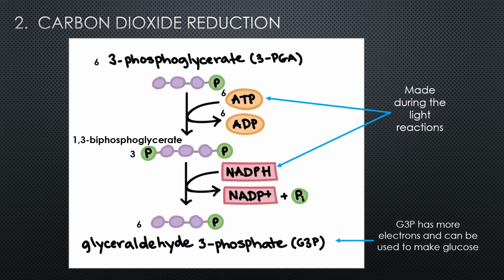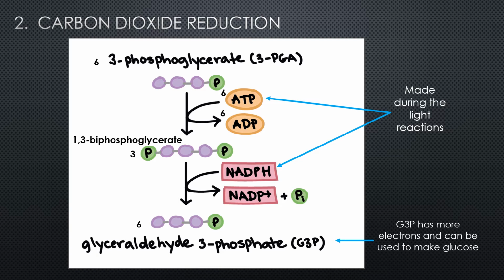Okay, so our second step in the Calvin cycle is carbon dioxide reduction. So remember, in the first step we took that carbon dioxide and fixed it, meaning that we attached it to other carbons. So I guess technically this could be just a carbon reduction reaction. And reduction, remember, means that we are gaining electrons or gaining hydrogen ions, usually both.